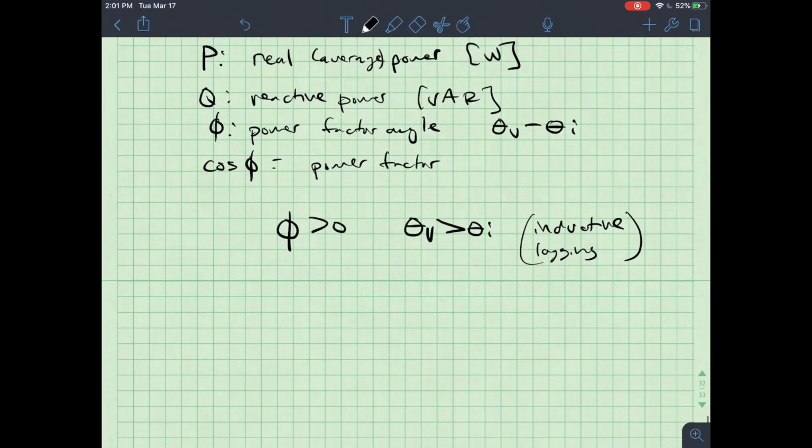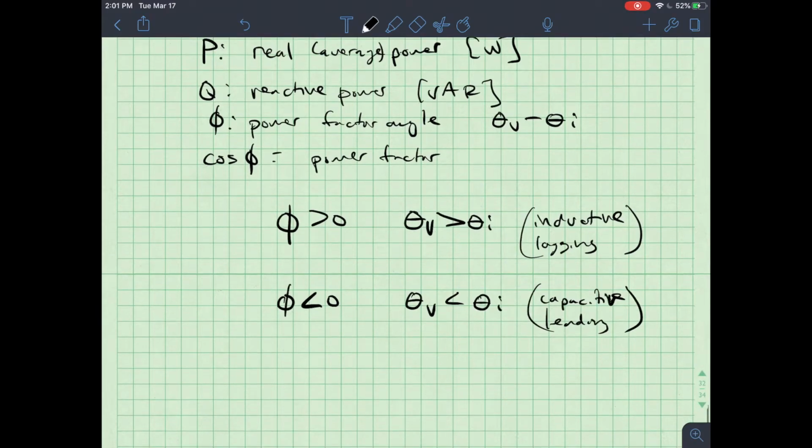If phi is less than 0, then theta V is less than theta I. And this is what I call capacitive or leading. Very easy to read there.